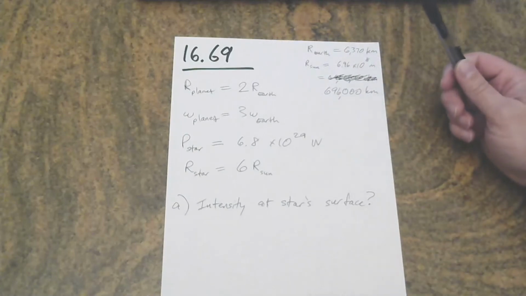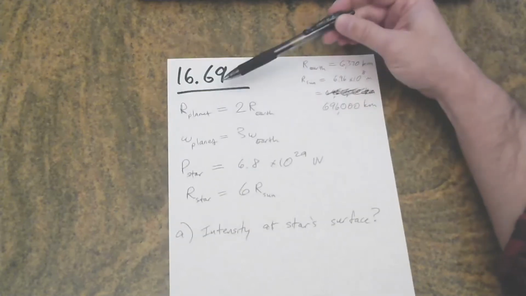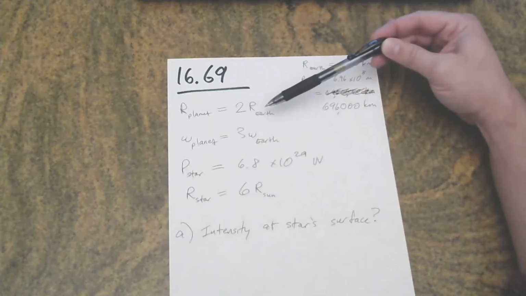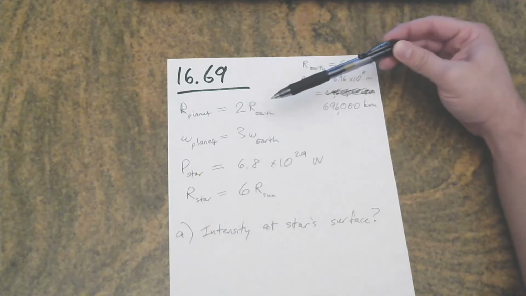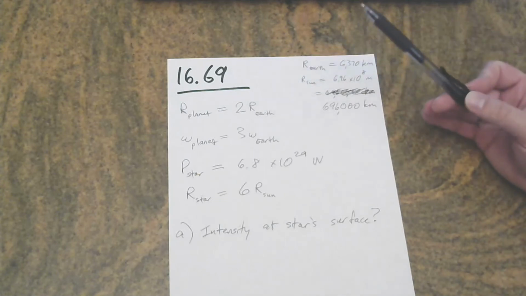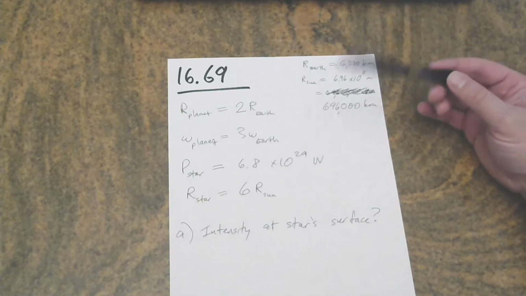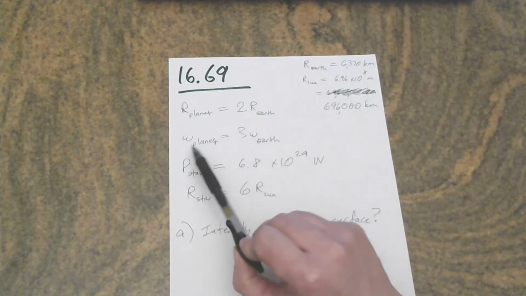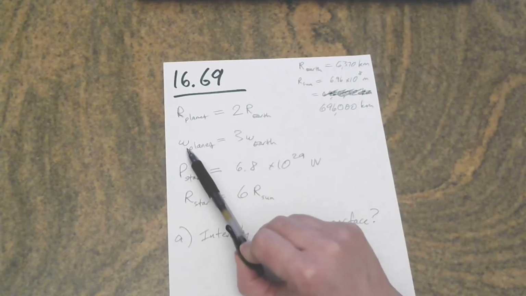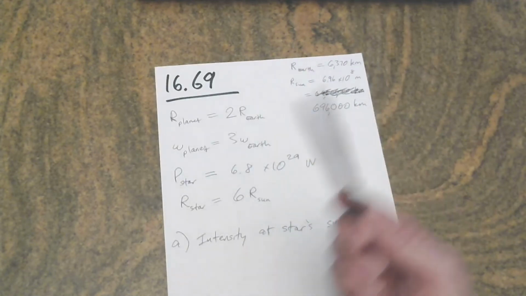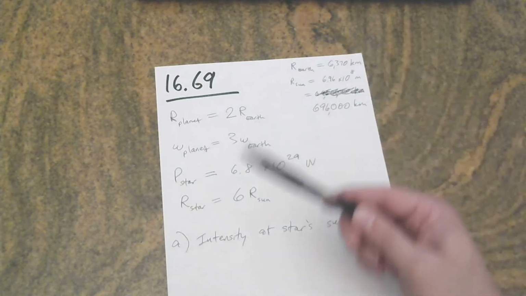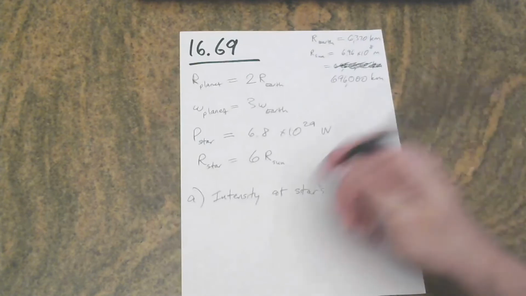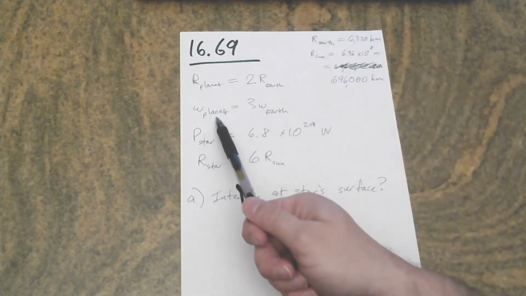The problem statement includes the facts that the radius of the planet is double the radius of our planet Earth. So this fictional planet is twice the diameter of our own planet. It also spins 3 times as fast. I'm using this symbol, the Greek letter omega, as the rotational speed of the planet. Earth takes 1 day to rotate, well, 24 hours roughly. And this rotational speed is 3 times that.